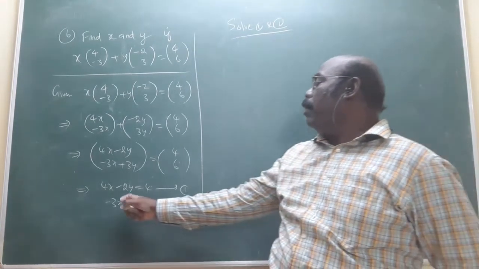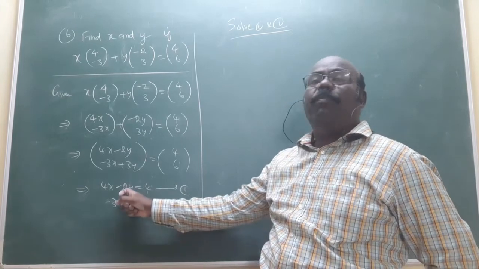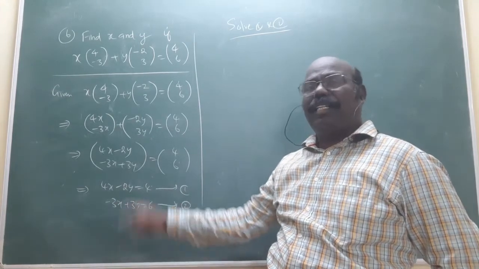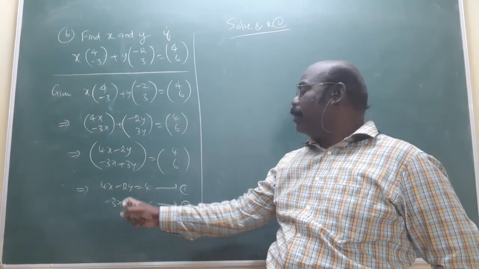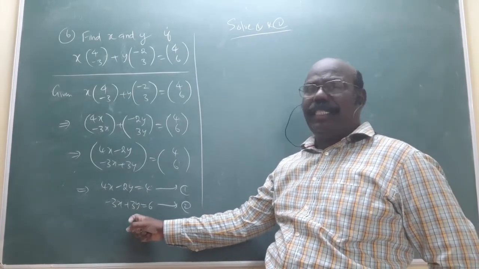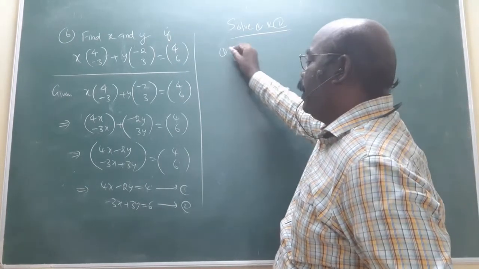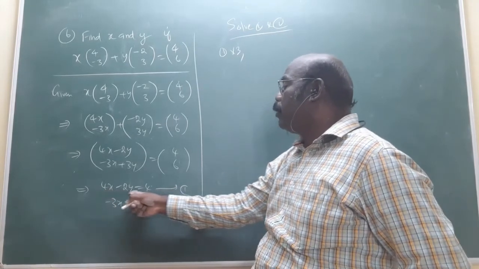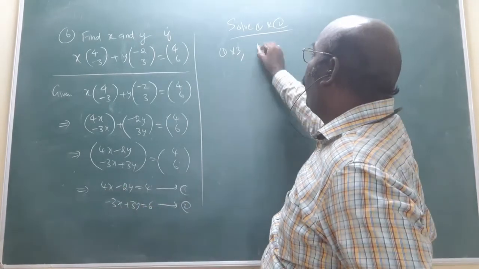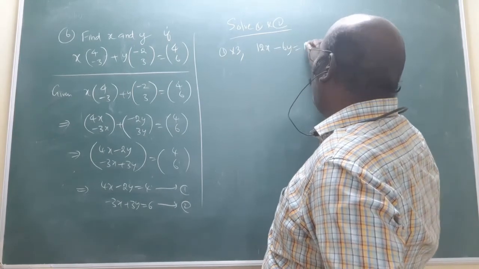Here, 2y is there and 3y is there. Now, both of them are equal but opposite and will cancel, no? That's why multiply this equation with 3, since 3 times 2 is 6, and this equation with 2, since 2 times 3 is 6. So automatically both of them are equal. That's why the first equation is multiplied with 3, that means you multiply all elements by 3. 4 times 3 is 12x, then minus 2 into 3, 6y, equal to 12.